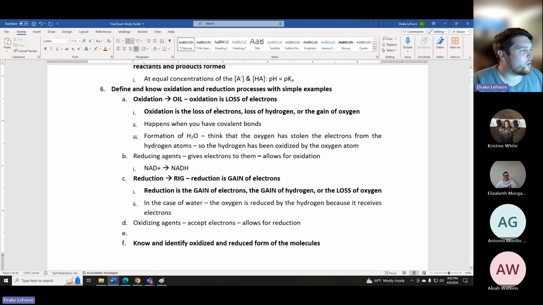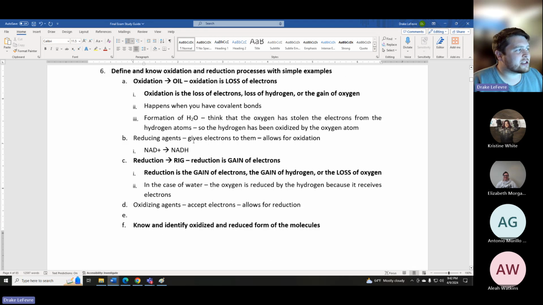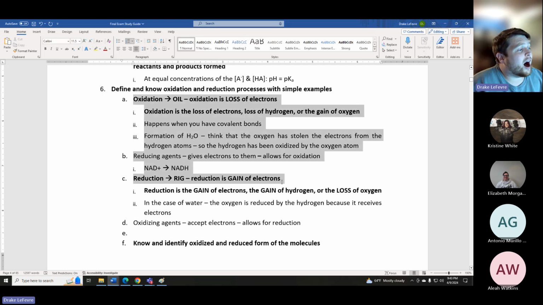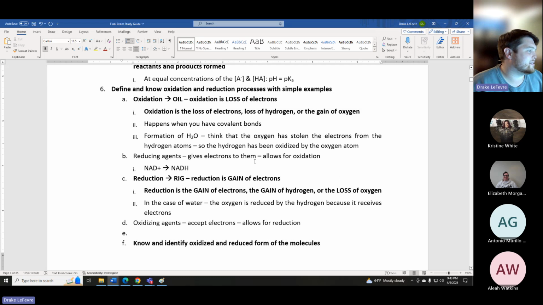Okay. OIL RIG, oxidation reduction reactions. Please, if you do not understand oxidation reduction reactions, learn them before the test. Learn them before next try. Learn them before several tries after this, because this will not go away.